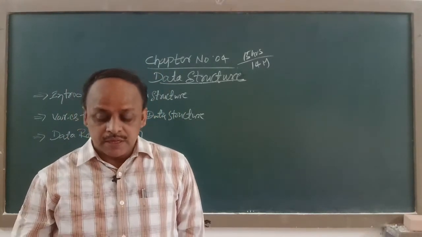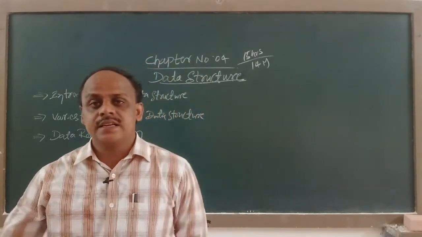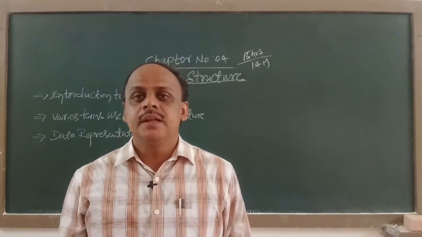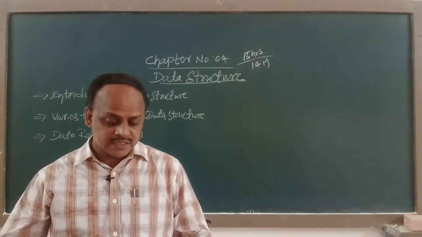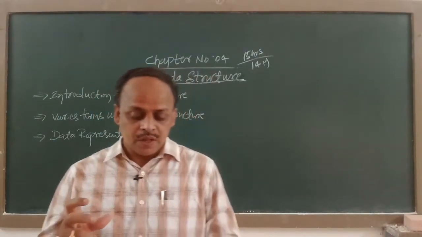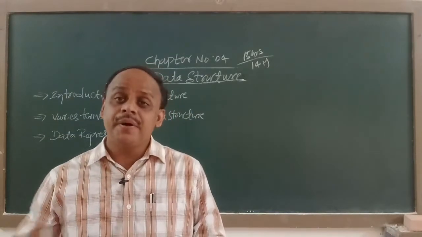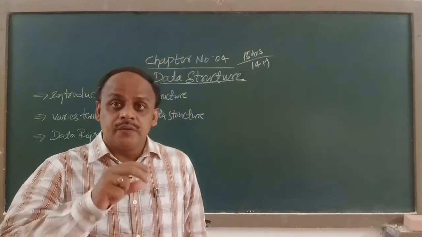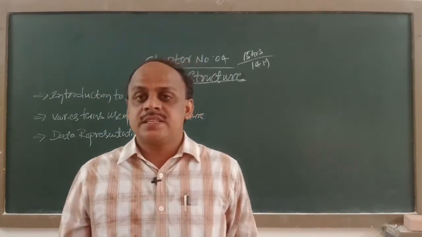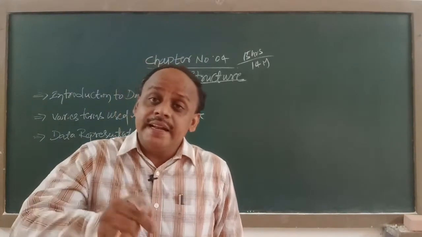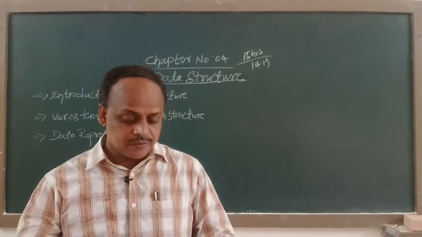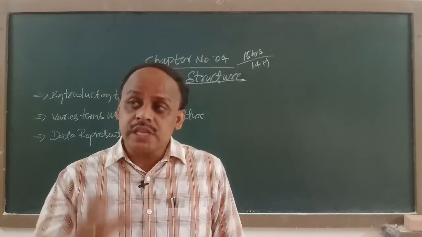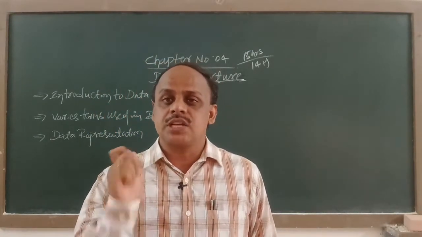See here what it says. It means data structure is an organized collection of related data items. Simply a collection of data is not a data structure. A collection of related data items that are treated as one by the computer is called a data structure.